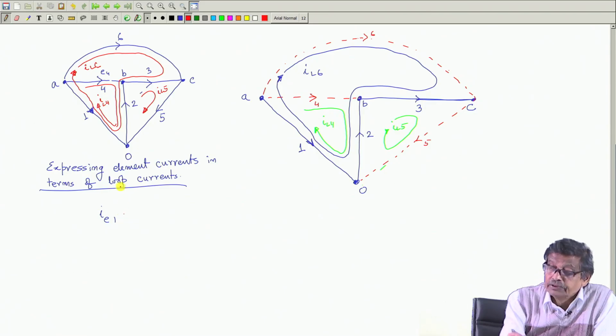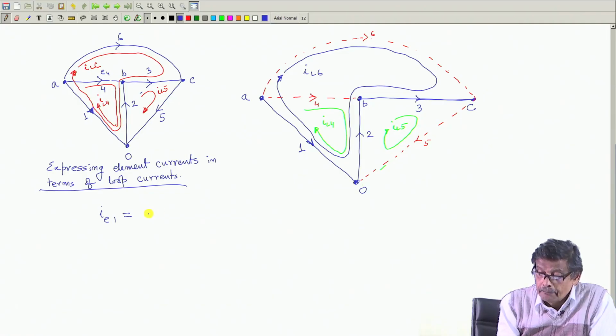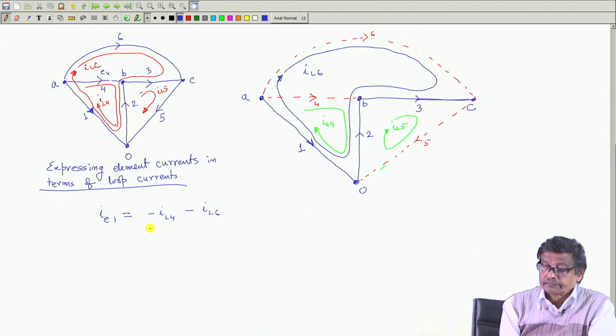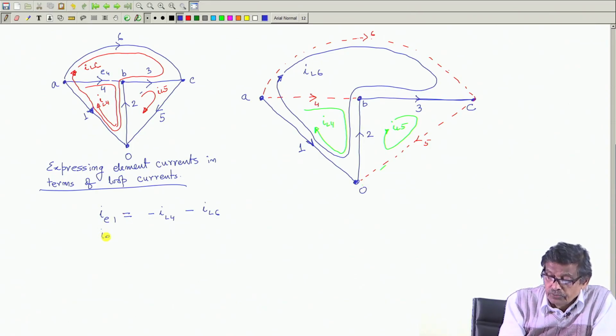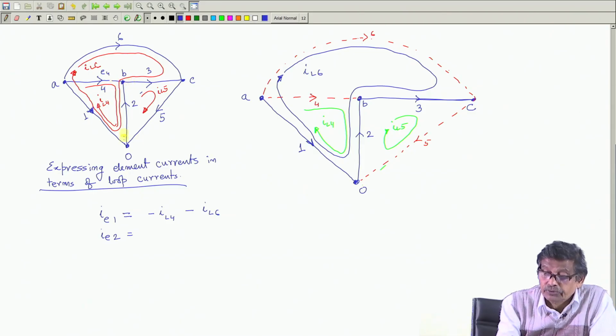Therefore, I1 as you can see will be minus IL4 minus IL6, that is all. I1 will be minus IL4 minus IL6. IE2, where is E2? E2 is here. In IE2, if you see what will be the loop currents involved, its direction is like this.